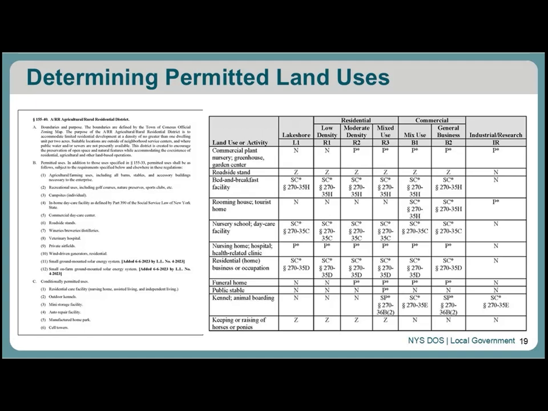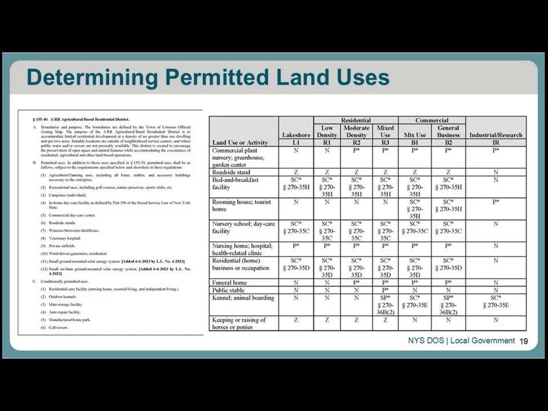The alternative, or sometimes in addition, is to have a table like the one on the right side of the screen. The tables typically consolidate many, if not all, zoning districts and their land uses into one table. Sometimes it takes a couple of tables, depending upon the size of the community and how they want to set it up.